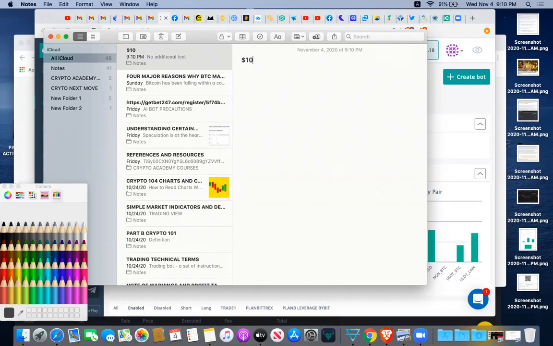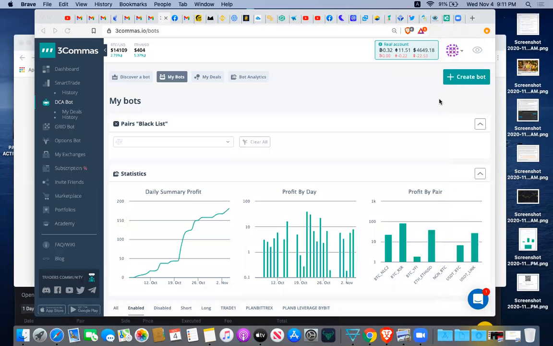We bought 5, which means we have spent $50 to buy that 5. Now we put a safety trade. Ordinarily, immediately we place an order, which is this: DCA, create bot.